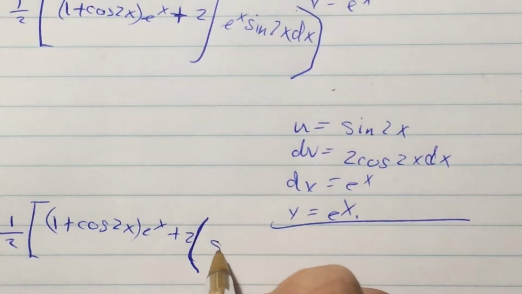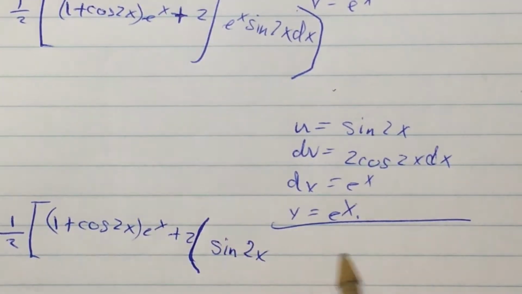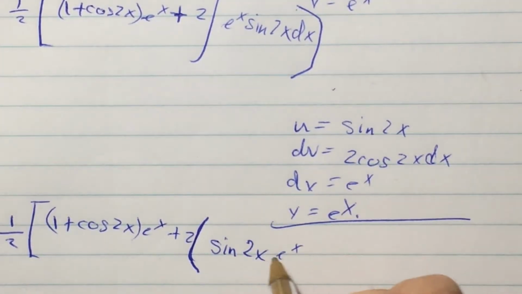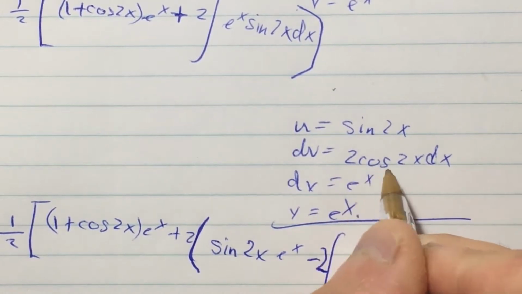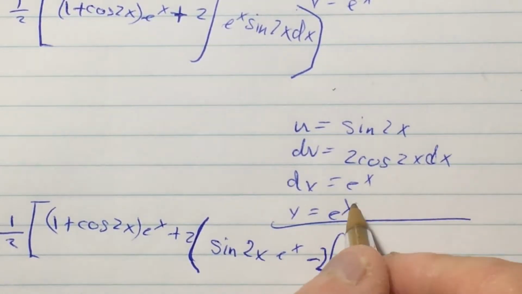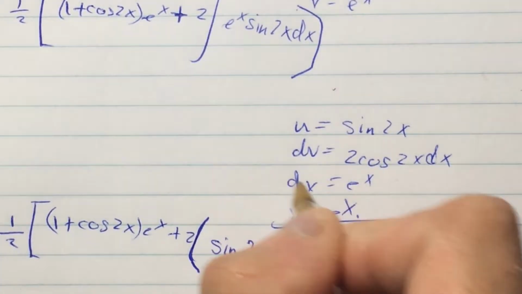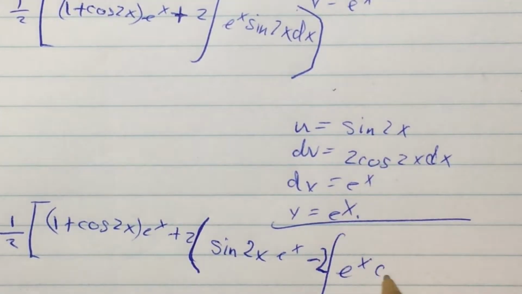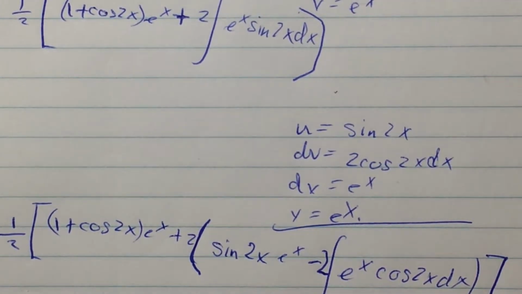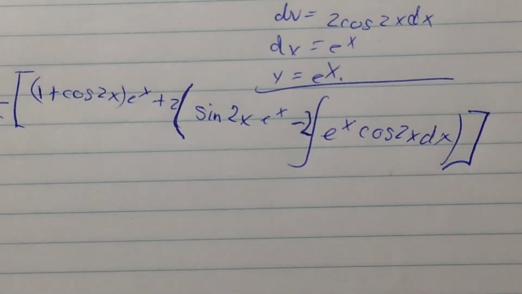So sine of 2x times e to the x, minus the integral, well, it's actually minus 2 times the integral because it's v du, but it's e to the x, and du is 2 cosine 2x dx, and that's why that 2 is at the front. Cosine of 2x dx, and that's the entire function.